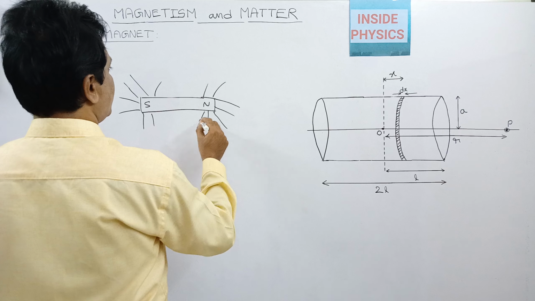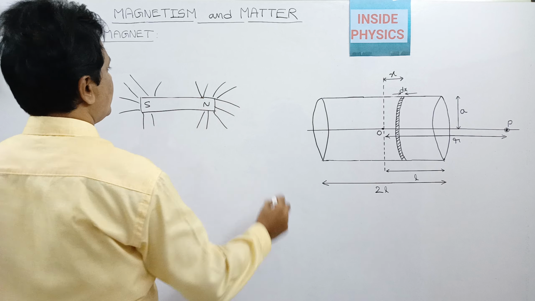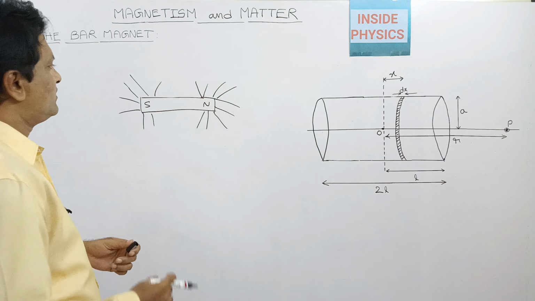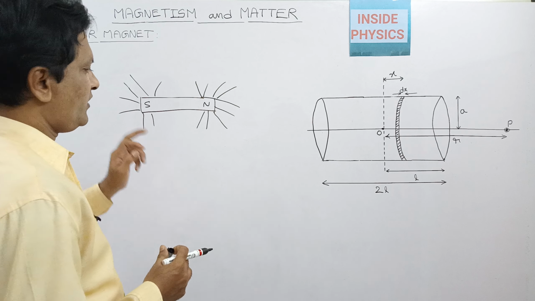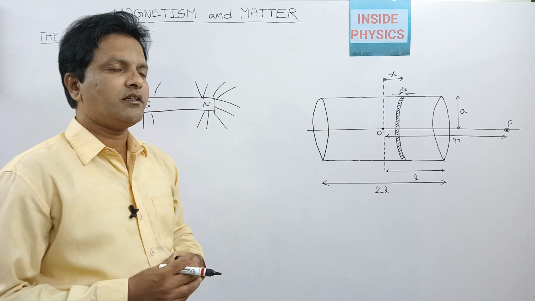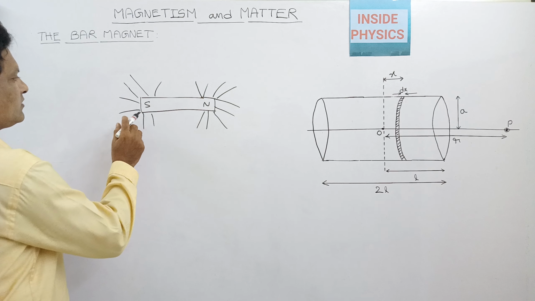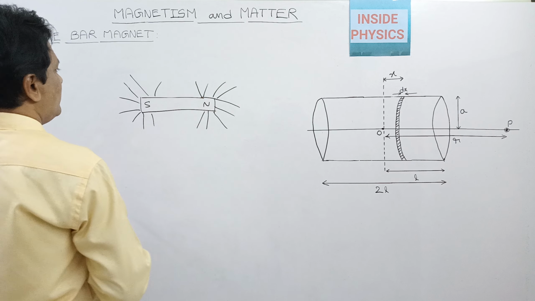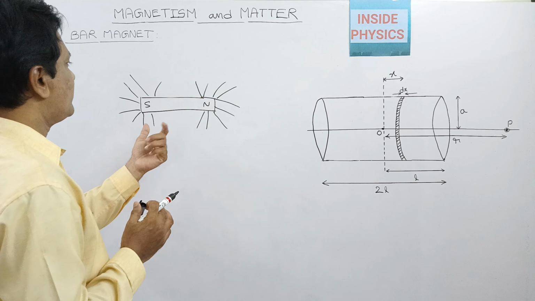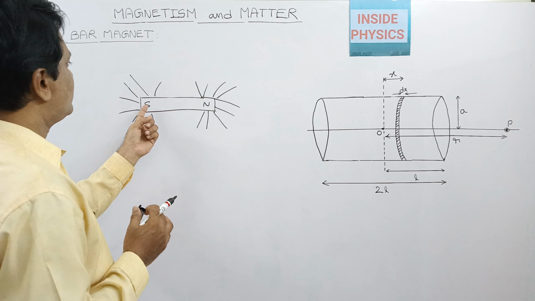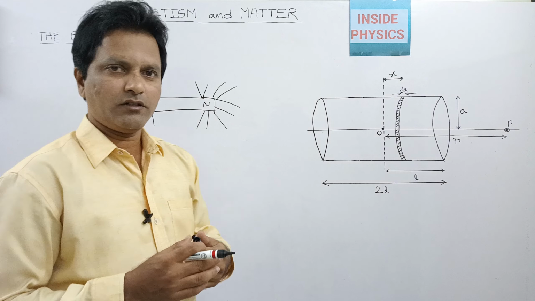This order is like the magnetic field lines, and with this arrangement we can say there are two poles on the magnet, one named south and one named north.